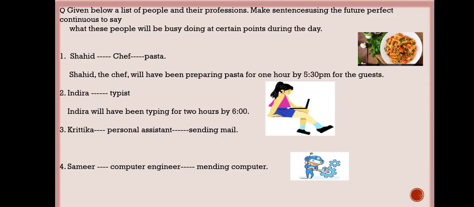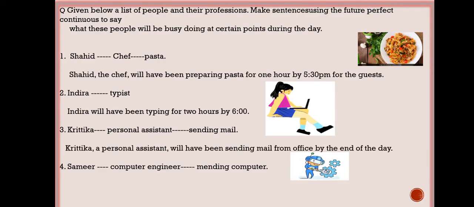Coming to sentence 3. Kritika, personal assistant, sending mail. These are the clues. Now, let's check the answer. Have you done? Now, check it. Kritika, a personal assistant, will have been sending mail from office by the end of the day. Coming to sentence 4.